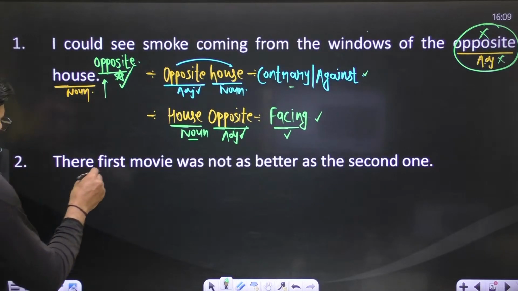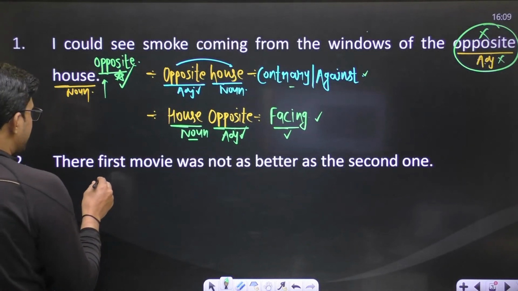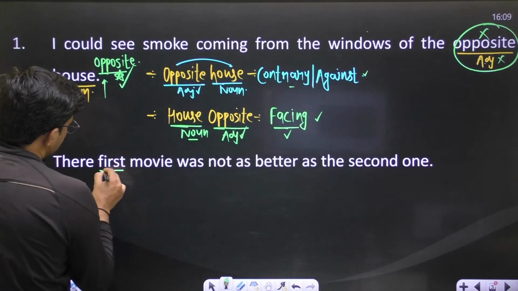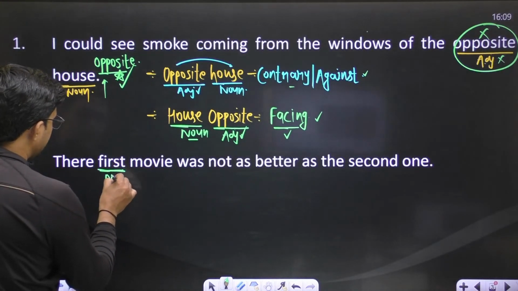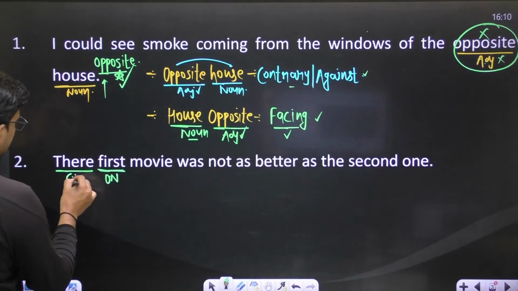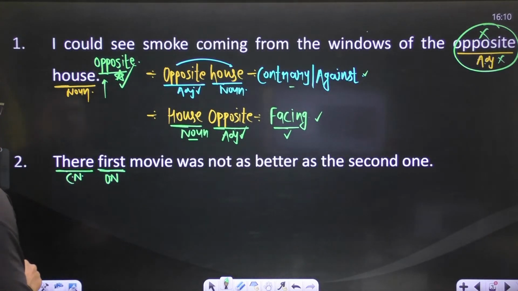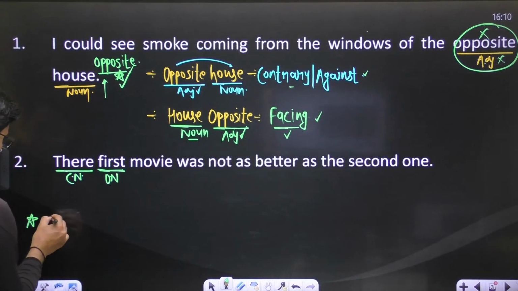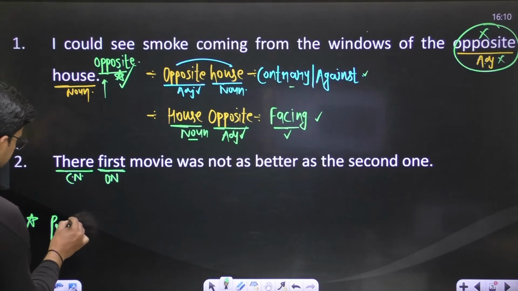In this sentence, the word first is an ordinal number, and the word three is a cardinal number. And the proper sequence is what?